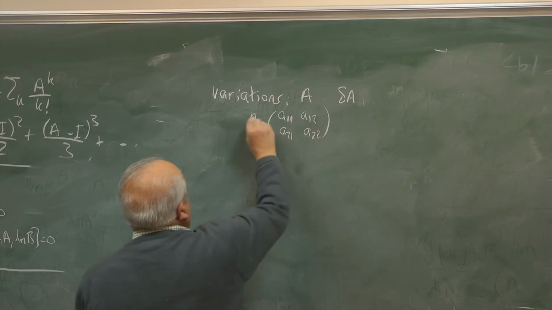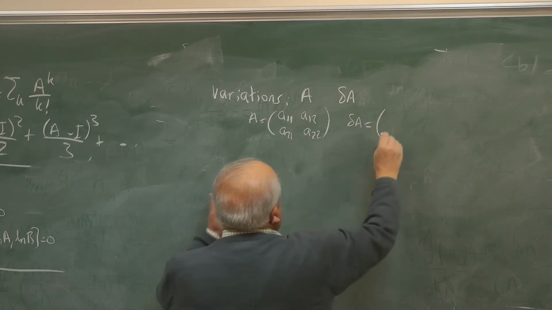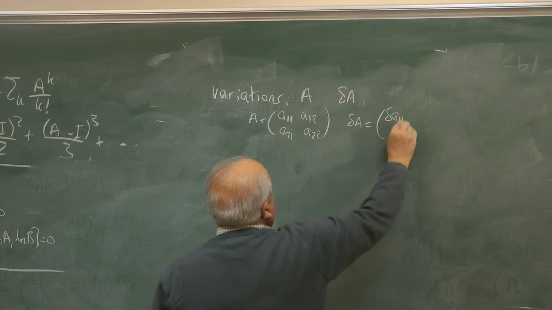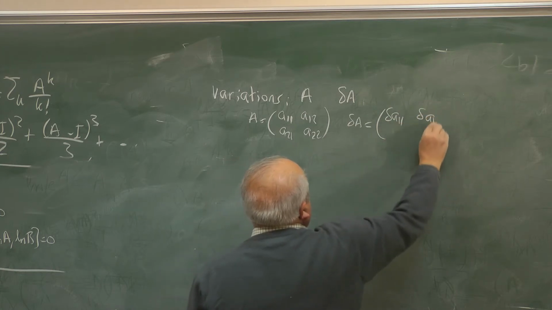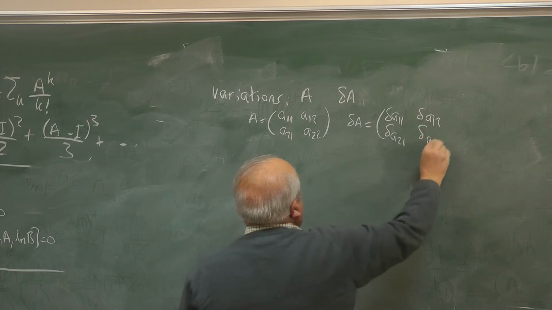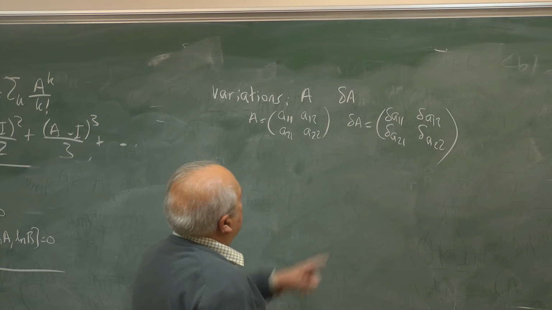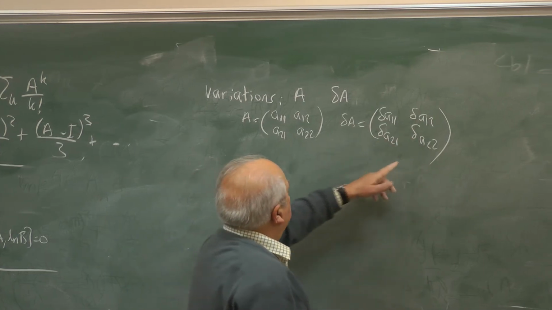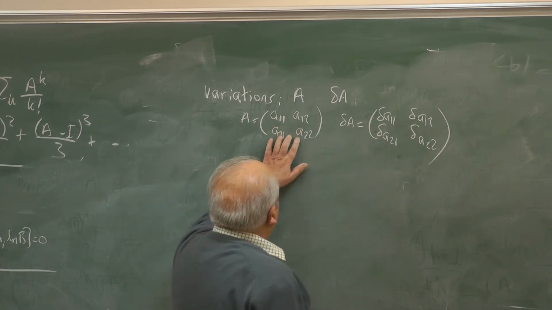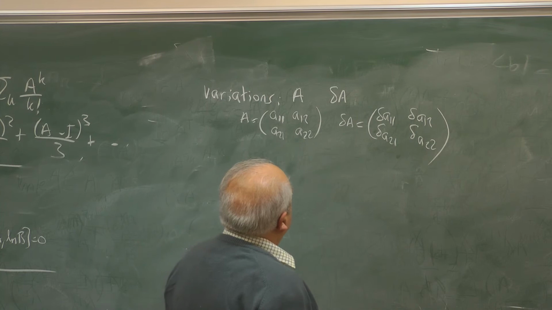This is A. By delta A, I mean all these numbers varied: delta A11, delta A12, delta A21, delta A22. And for an arbitrary variation, these parameters are small, but they will not be in proportion to these with the same proportionality.